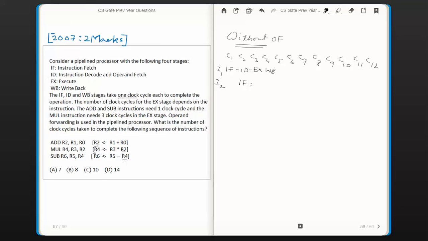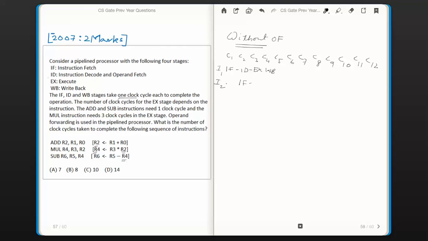Now what about instruction decode and operand fetch? Instruction decode and operand fetch cannot be scheduled before the new value of R2 is available in the register R2. That is, till the write back stage of the first instruction is finished, we cannot schedule the operand fetch stage of the dependent instruction.